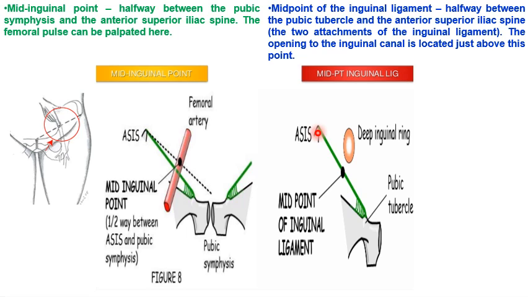It has the clinical importance of having the deep inguinal ring, which is located just above this point. So the midpoint of the inguinal ligament is related to the deep inguinal ring, and the mid-inguinal point is related to the femoral artery.